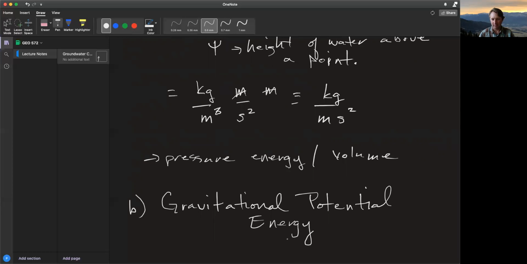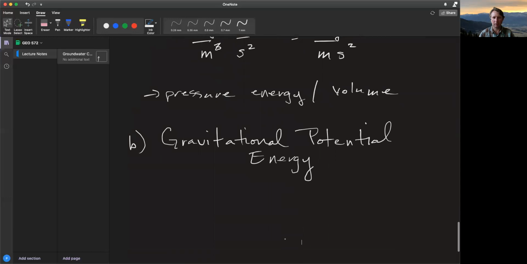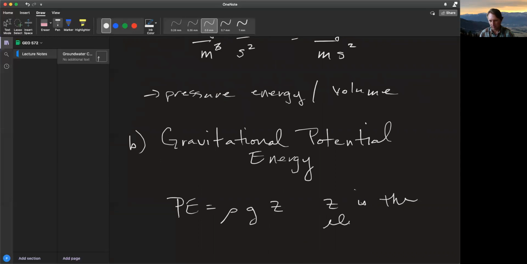Right? Well, water flows downhill because the gravitational potential energy is higher uphill than downhill. All right, well, gravitational potential energy is given by rho g z, where z is the elevation of our water above a datum.